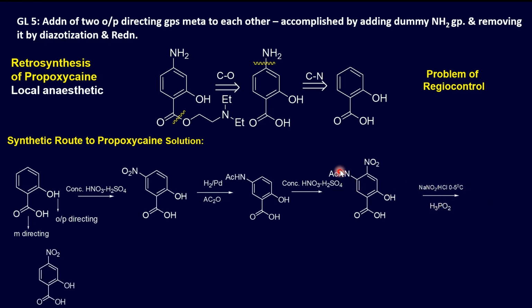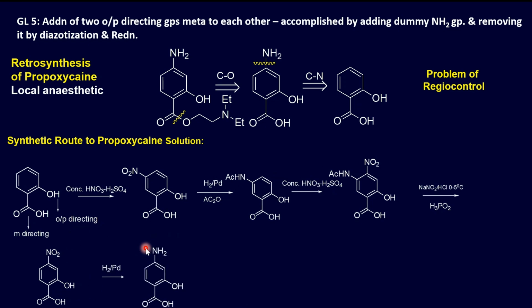This diazonium salt will go away and H plus gets replaced. Now the nitro group I have attached in the presence of this amino group. The amino group which I have added and then removed, I am using it as a dummy.